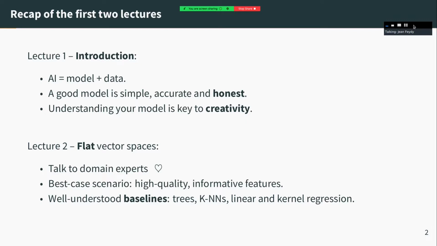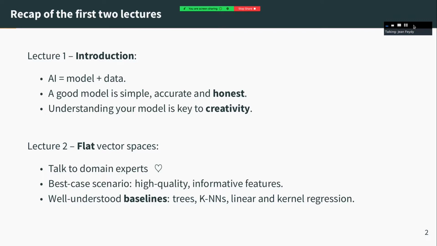And we've seen that the best case scenario, the ideal scenario as a data scientist, if you want to actually solve a problem, is that maybe the doctors already have high quality, very informative features. And so in this case, if you can take your decision using only a few columns of your tables, then you have access to extremely well understood baselines.